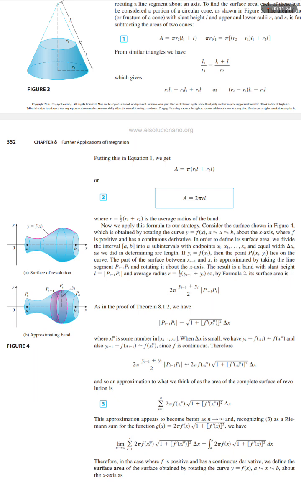Therefore 2 pi times (y sub i minus 1 plus y sub i) over 2, times the absolute value of P sub i minus 1 P sub i, is approximately equal to 2 pi f of x star sub i times the square root of 1 plus [f prime of x star sub i] squared, times delta x.